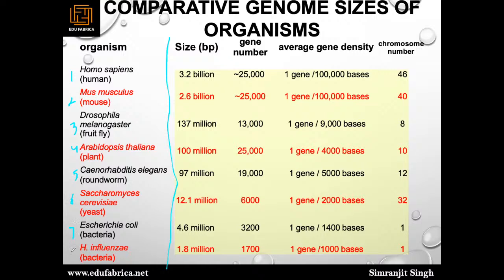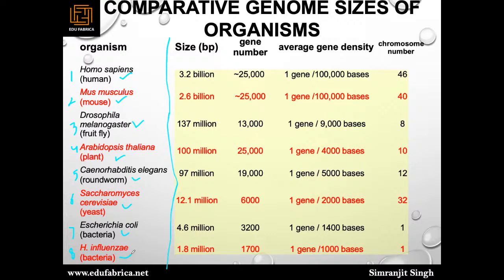There are 8 models written here: Homo sapiens, Mus musculus, Drosophila melanogaster, Arabidopsis thaliana, Caenorhabditis elegans, Saccharomyces cerevisiae, Escherichia coli, and Haemophilus influenzae.